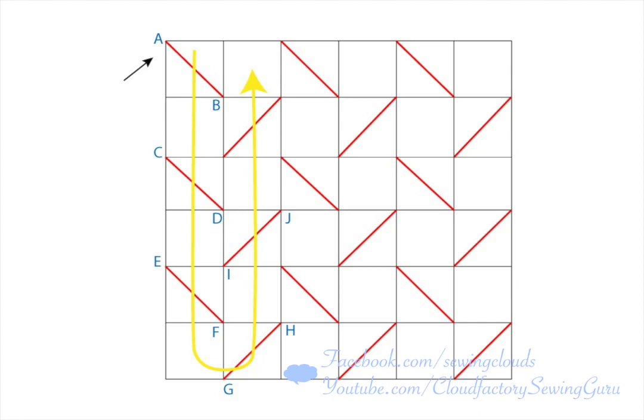Not all the patterns have the same indicators, but in any case I will show you in this video how to read the patterns, whether they have numbers, letters, or neither.